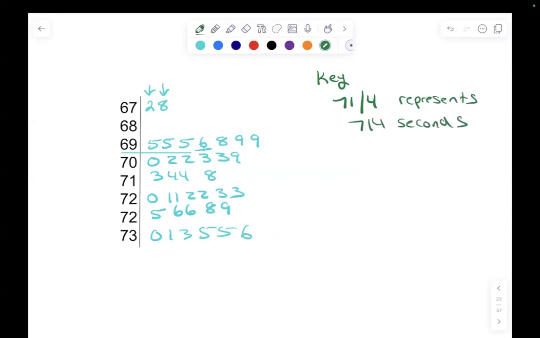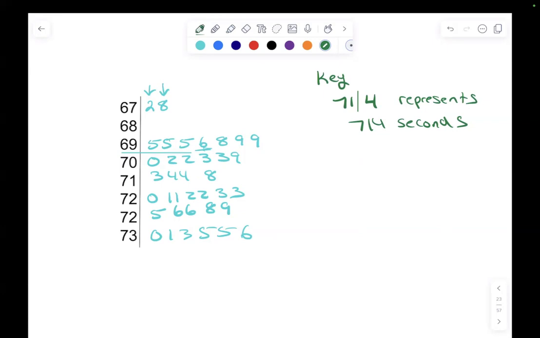This is your key that tells people how to read your stem and leaf plot. I don't like this line, let me fix it. Okay, there we go. So 71 line 4 represents 714 seconds. You have to have that key on there.